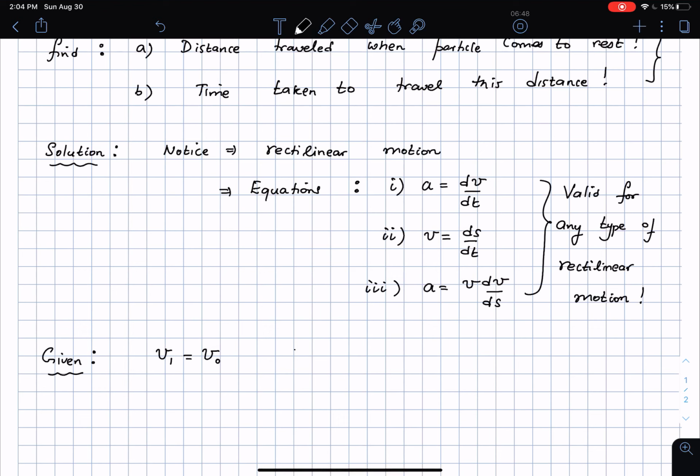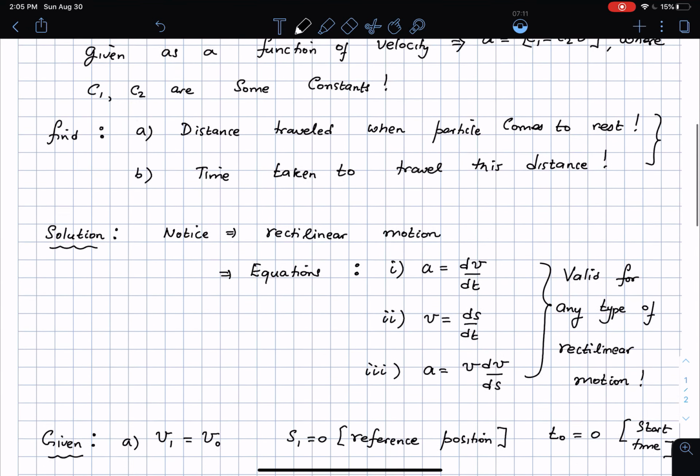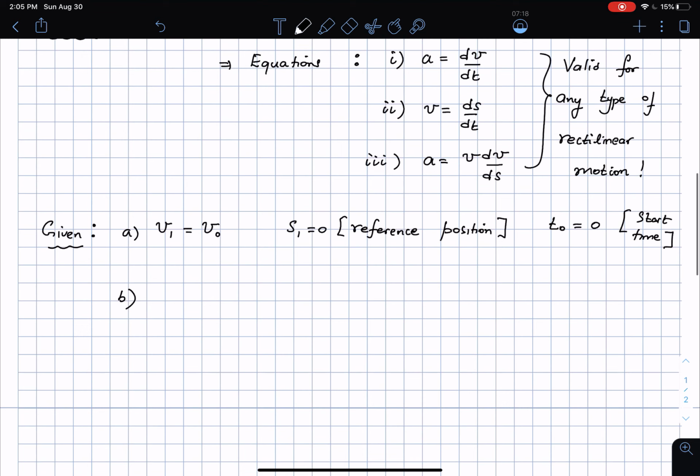Then I can say that s1 is equal to 0, so this is the reference position. I can also say that t naught is equal to 0, this is the start time. Then from the problem, when it comes to position 2, the particle comes to rest.